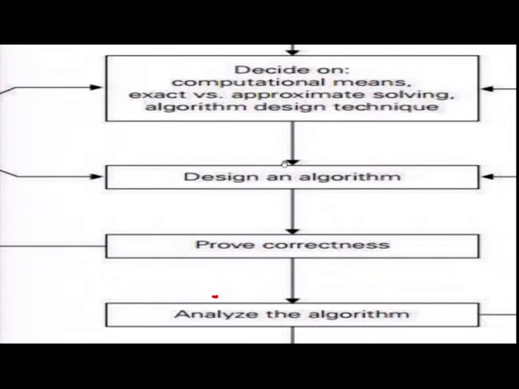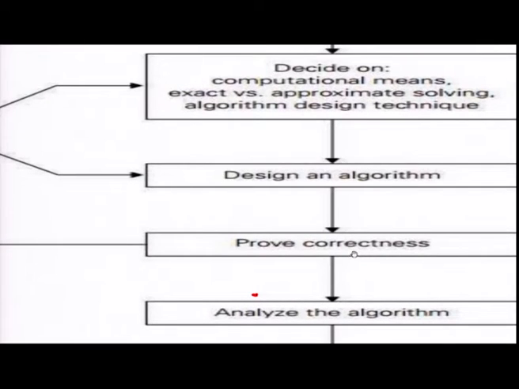When you are going to design an algorithm and when you are checking for correctness of this algorithm, at this step itself, if you have an issue, then we again move to the backward step and here itself we decide on the computational means. We do exact and approximate solving, and then based on this algorithm design technique we design this algorithm.